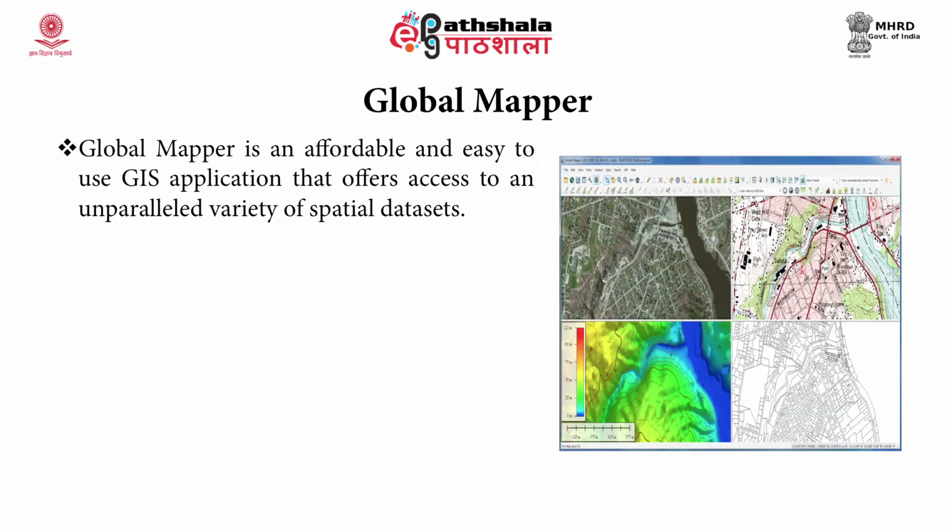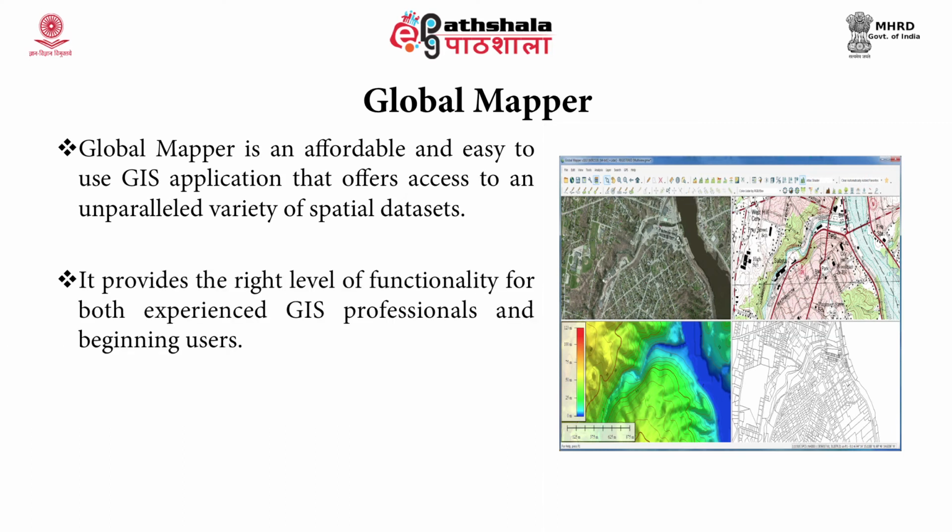Global Mapper is another affordable and easy to use GIS application software that offers access to an unparalleled variety of spatial datasets. It provides the right level of functionality for both experienced GIS professionals as well as the beginning users of GIS. Its latest version is Global Mapper 18.2.